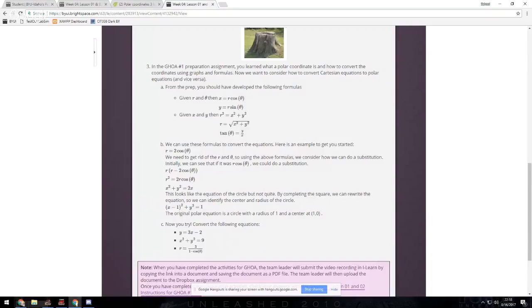And so the thing that popped out in my head almost immediately was that I wanted an r with the cosine theta, and may or may not be the right way to go about it.